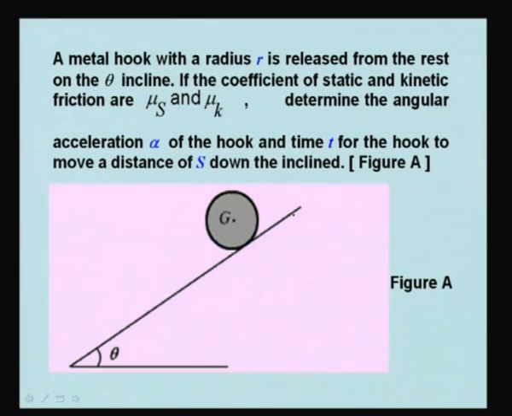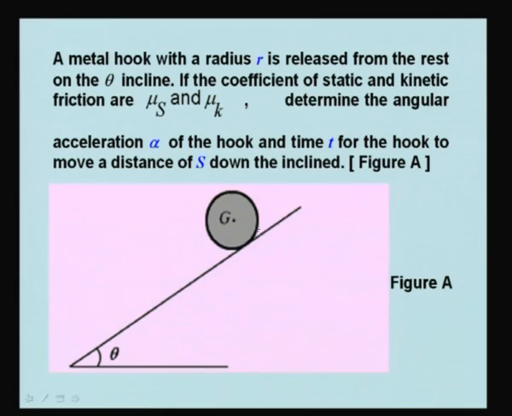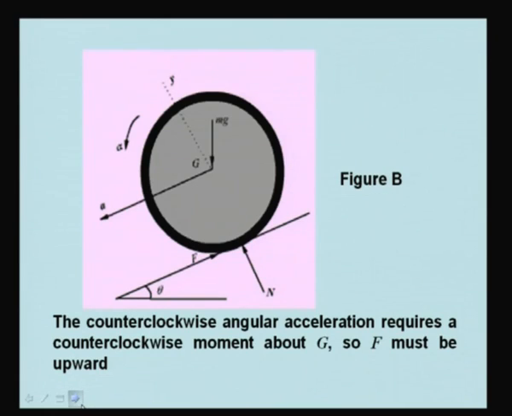This is shown here in the figure. Since it is a hoop, a hollow ring, its moment of inertia about G is given by mass times radius squared, mR squared. We may make use of this relation.